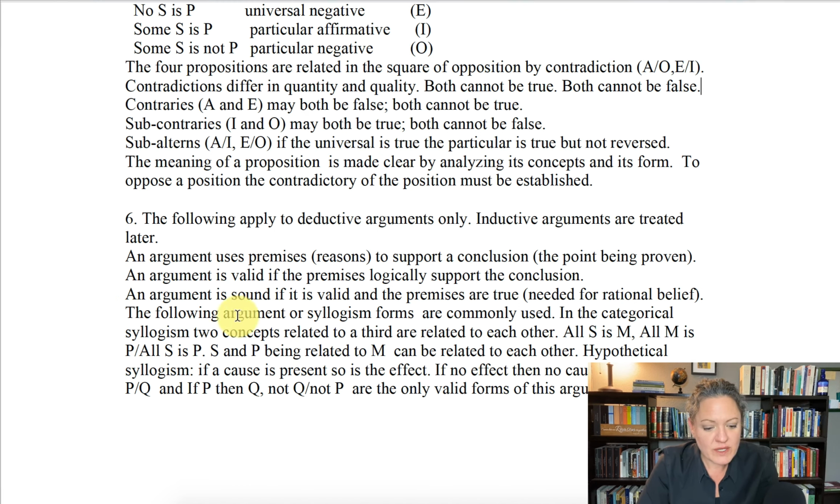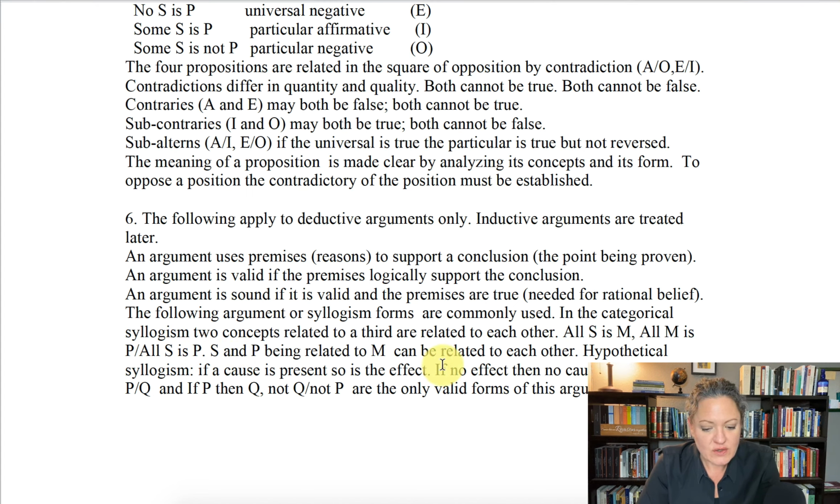The following argument or syllogism forms are commonly used. In the categorical syllogism, two concepts related to a third are related to each other. Here's an example of an argument. We've done this one before. All S is M, all M is P, therefore all S is P. All men are mortal, Socrates is a man, therefore Socrates is mortal.